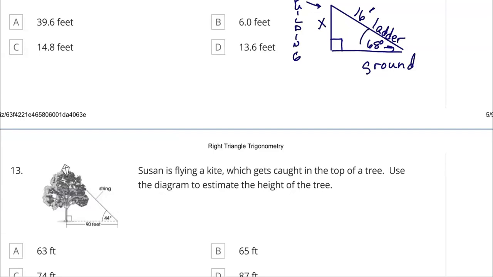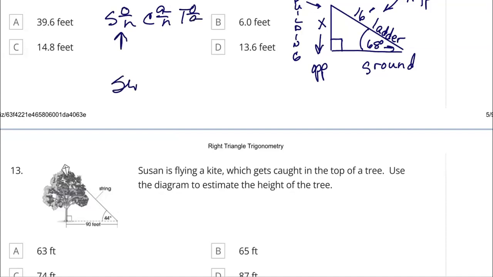So let's see what I have. I have the opposite, this x that I need is the opposite, and they gave me the hypotenuse, and they gave me the angle. So opposite and hypotenuse, SOHCAHTOA, opposite and hypotenuse, you should be saying use sine.